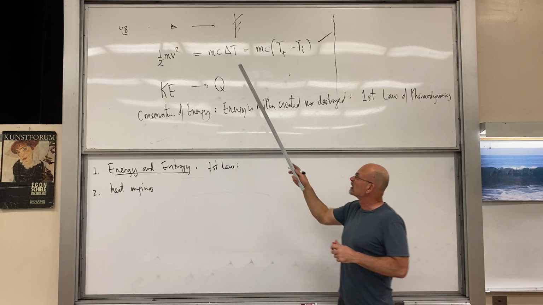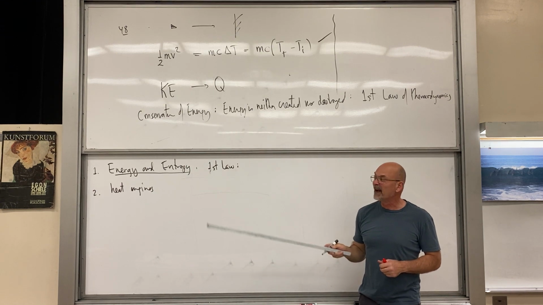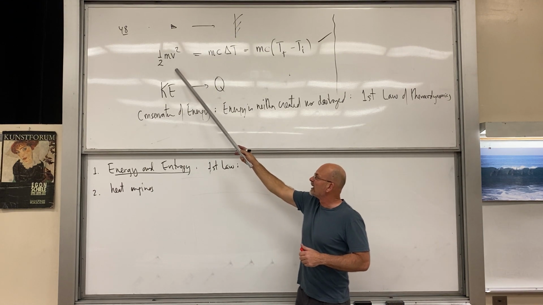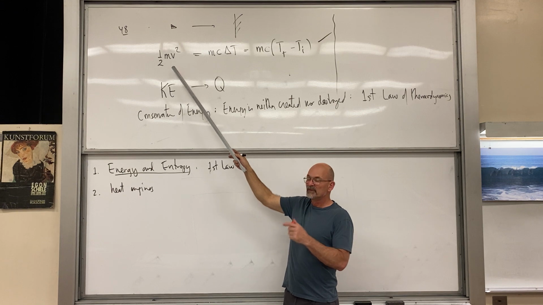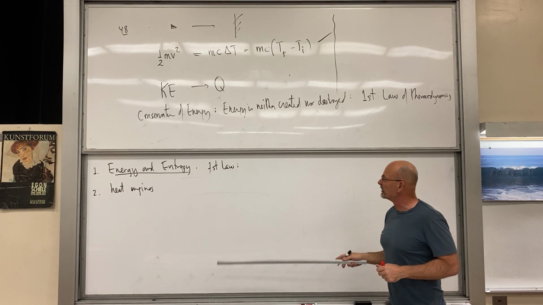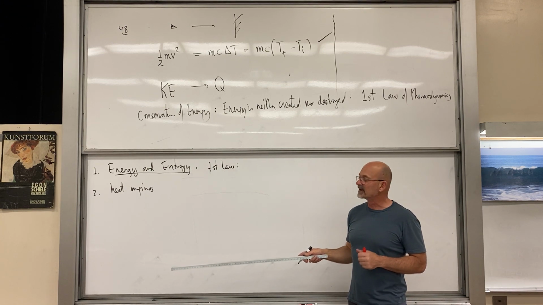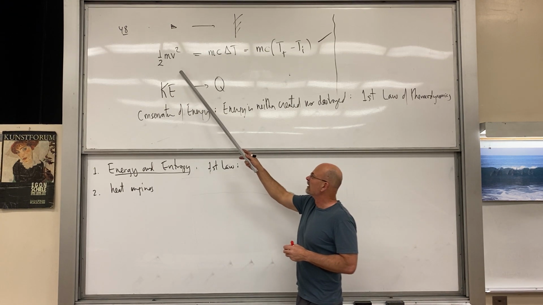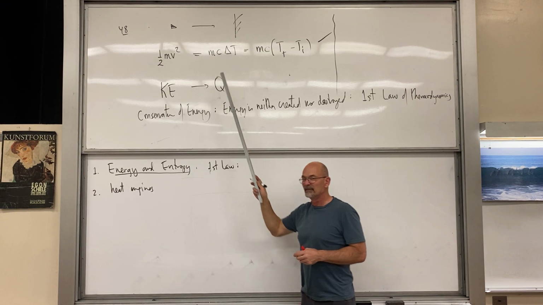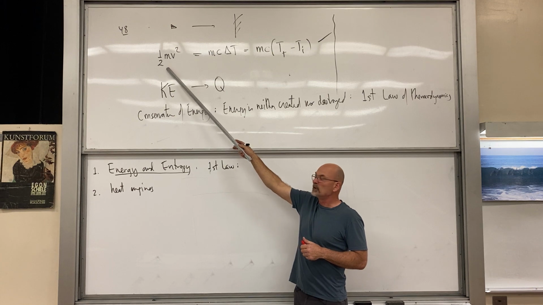Again, the details could be that some fragments got blasted off every which way. Those fragments would still have half m of, some delta m, some v squared as well. So the first law is that the energy is conserved, and every small piece of energy, if you add them all up, you still have what your original was.